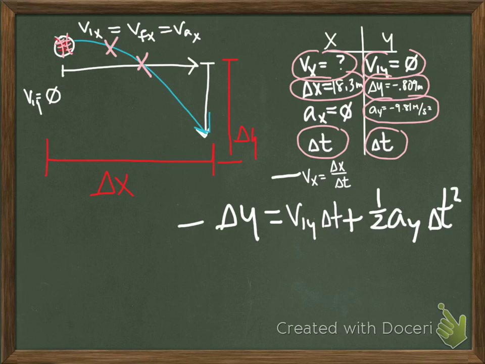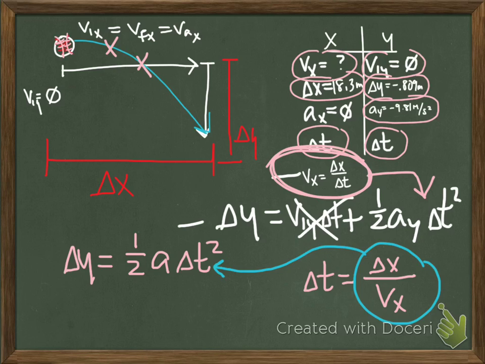So it works nicely in these because of the fact that Viy is 0, and that goes away. Okay, so what that allows us to do is then solve this equation for delta t and plug it in to there.